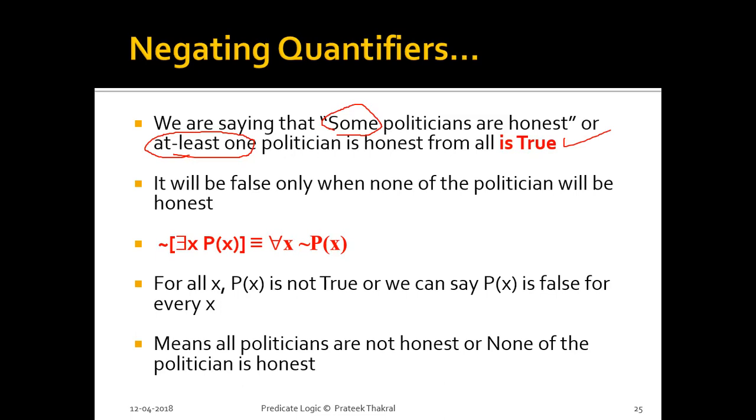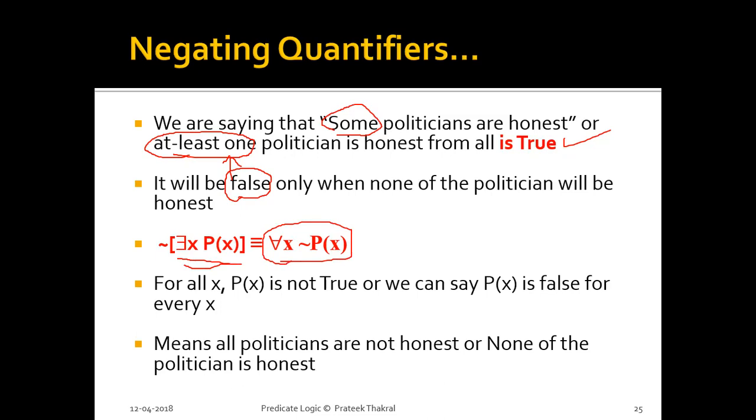When none of the politicians is honest, because we are saying that from the set of all politicians there exists at least one politician who is honest. So to make this sentence false, we have to make all the politicians not honest. It will be false in only one case, when all the politicians from the universe of discourse are not honest. So indirectly, if I do its negation, it returns us this particular notation.